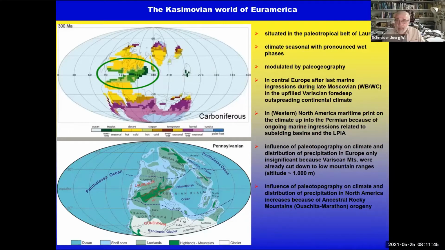The influence of paleotopography on climate and precipitation distribution in Europe was only insignificant because the Variscan mountains were already cut down to low mountain ranges. The opposite may become true for North America because of the ancestral Rocky Mountain orogeny, which may produce really high mountain ranges. Next.